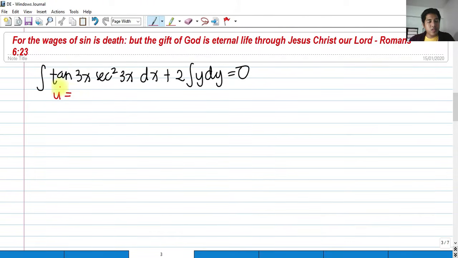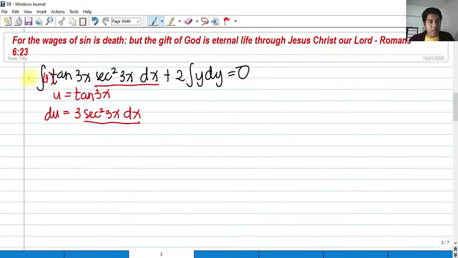As you can notice, this is a simple u substitution. If we let u equal tangent 3x, we get the du of that, which is 3 secant squared 3x. Of course, we differentiate with respect to x, so there must be a dx here. As you can see, secant squared 3x dx is present in our integral, but we don't have 3, so we can offset 3 here.